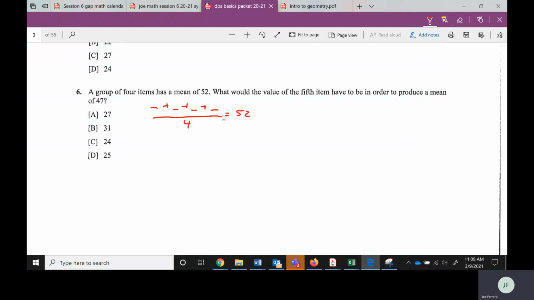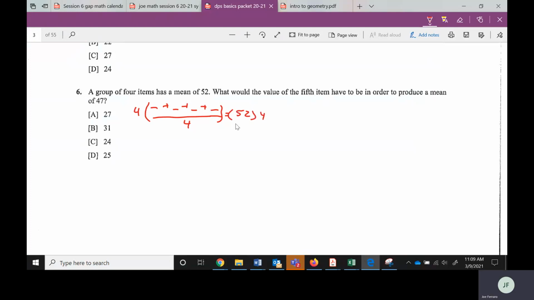Okay, and we don't need to know the exact numbers, but if they're averaging 52, there's 2 ways you could look at this. It doesn't matter what they are, but if they're averaging 52, it could be 52, 52, 52, 52. Or if you thought of an algebra type way, I need to get rid of dividing by 4, so I need to multiply each side by 4.